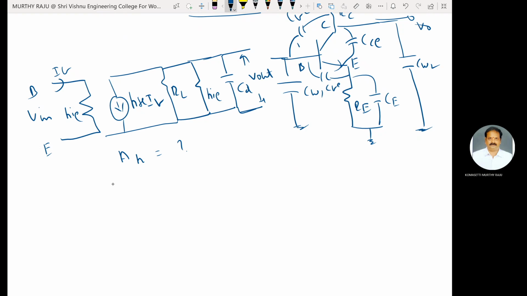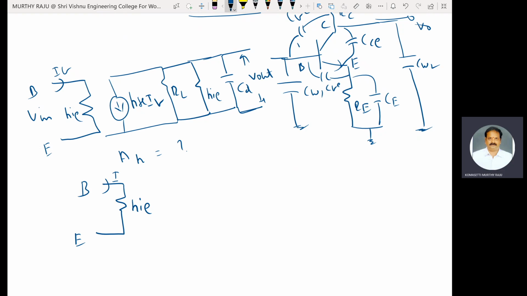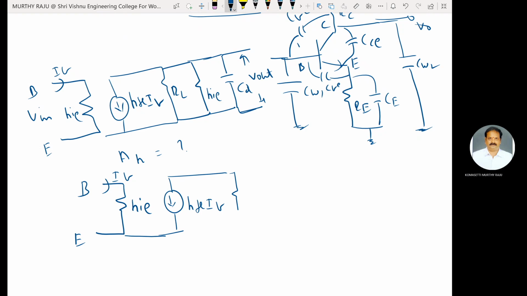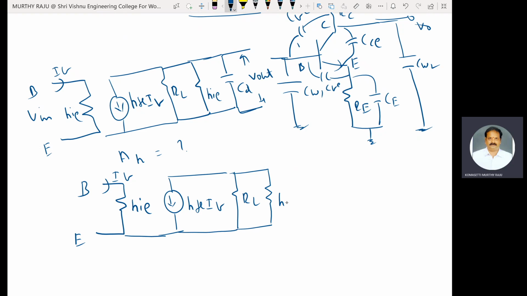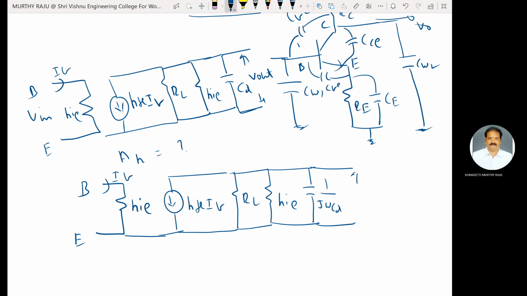This is the simplified diagram: HIE, base emitter, this one is IB, HFE IB, RL, HIE, and 1 by j omega CD. This one is V out.